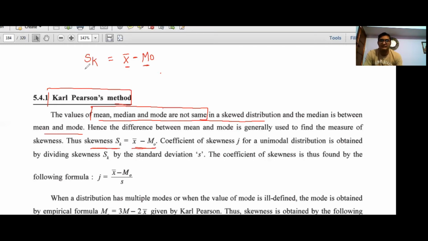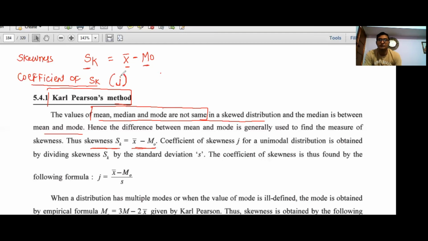Now, that is the skewness. Another point is the coefficient of skewness, which we call J, small j.